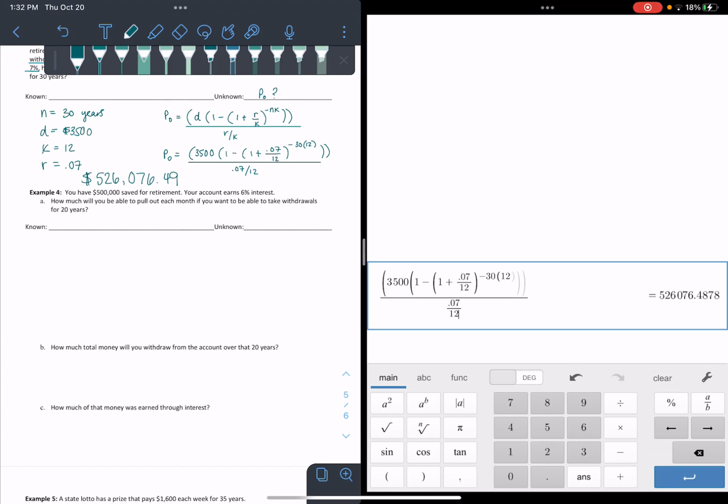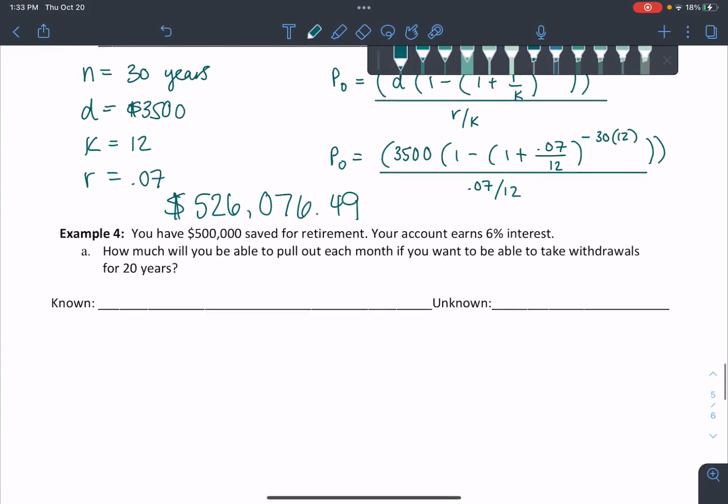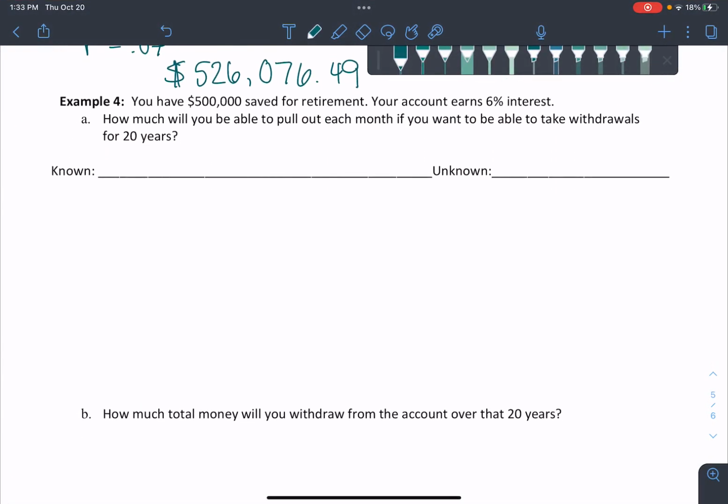Next one: you have saved $500,000 for retirement. Your account earns 6% interest. How much will you be able to pull out each month if you want to be able to take withdrawals for 20 years? So, first question, is it a payout or a savings?